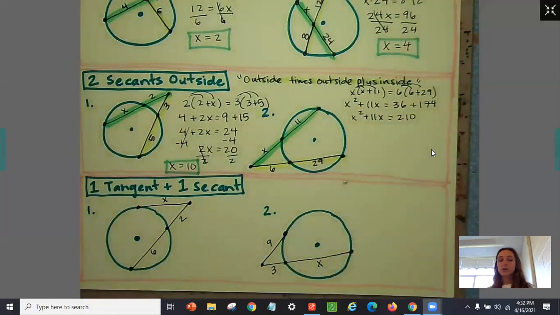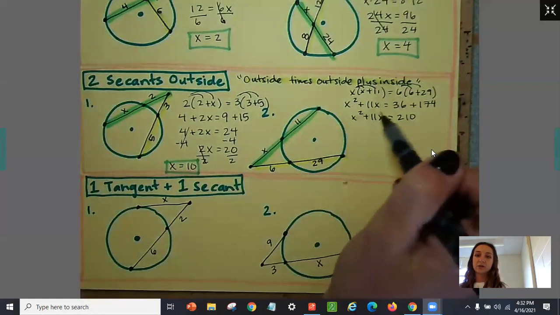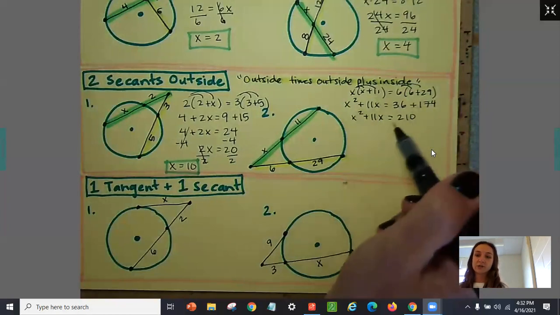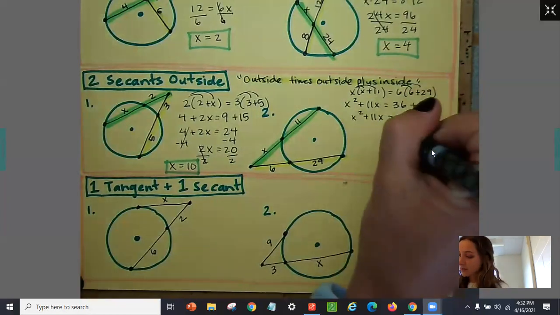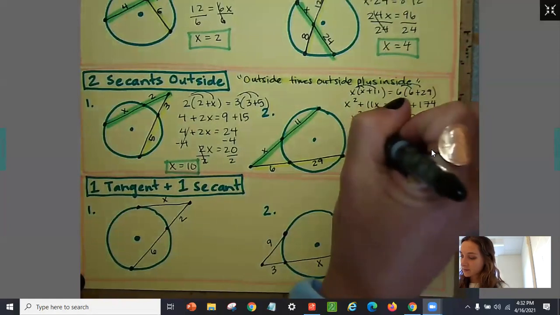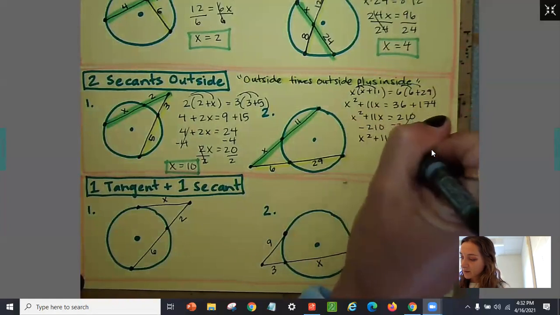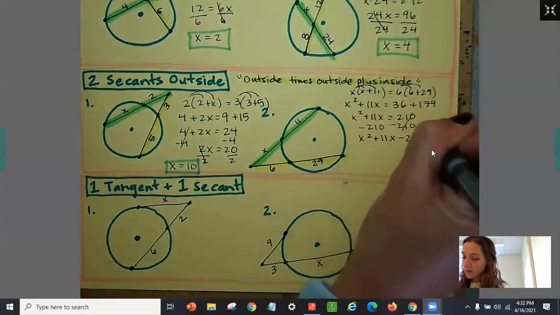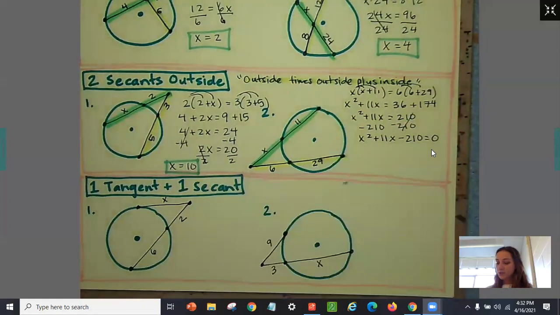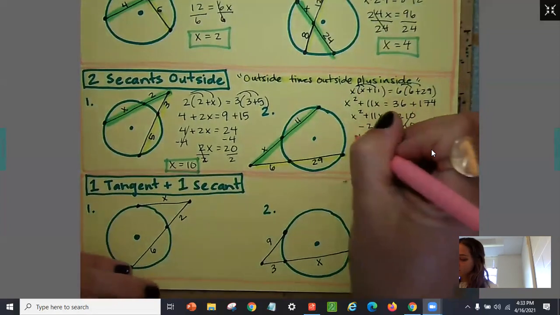Okay, and now we are going to have to use either the quadratic formula or factoring to solve this. So we're going to get this equal to 0 by subtracting 210 from both sides. We're going to get x squared plus 11x minus 210 equals 0. And here we want two factors of negative 210 that add to give us positive 11. So there's a 1 in front of here.